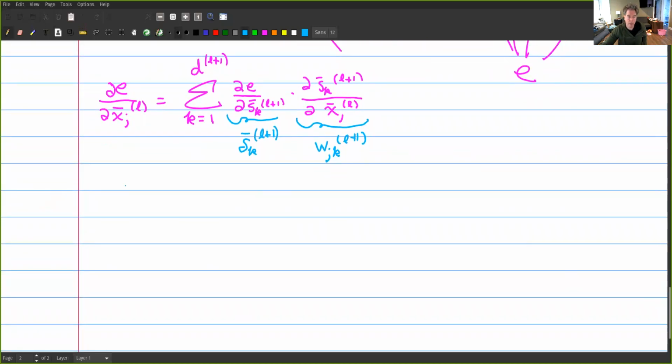Okay, so now we have that this is equal to this sum where you're adding up WJK L plus 1 times delta K L plus 1, as K goes from 1 to D L plus 1.